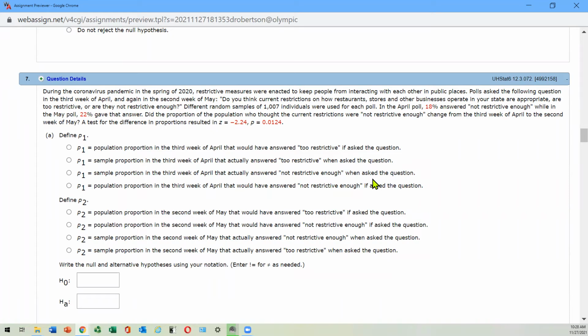Now, did this proportion of the population who thought the current restrictions were not restrictive enough change? So we want to know, are they different from what they were? And all the hard work has been done for us because that's the only number that matters. And we're interested, are they different? Now, P1 is the population proportion in April, right? We went and said not restrictive enough.